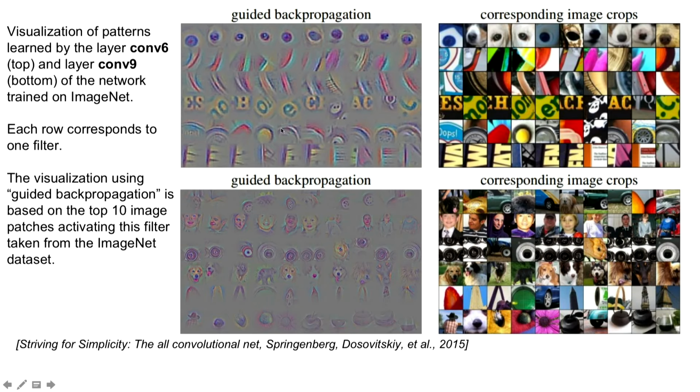This is the convolution 6 layer, and you get really interpretable input values from that layer. Even more interesting is the convolution 9 layer at the bottom, where you can start to see some faces in the second row, different types of face. And sure enough, when you look back at the images, you find some image prototypes that look like very good matches.